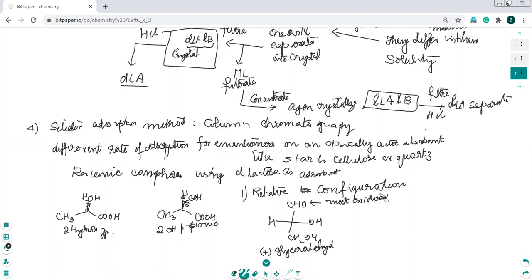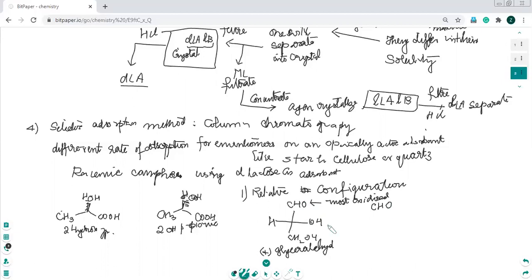How do you know whether it is most oxidized or not? Number of oxygen should be more, number of hydrogen should be less. That's all. So most oxidized group is on the top. So this is CHO group.